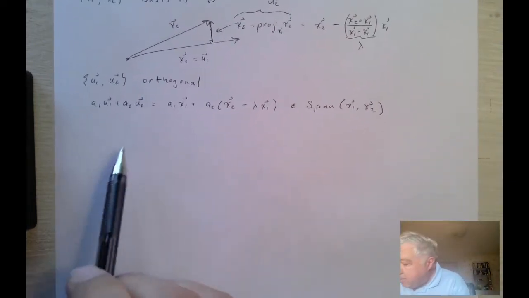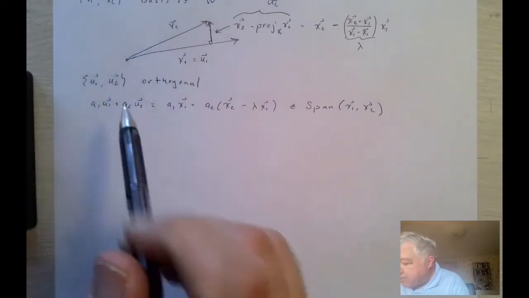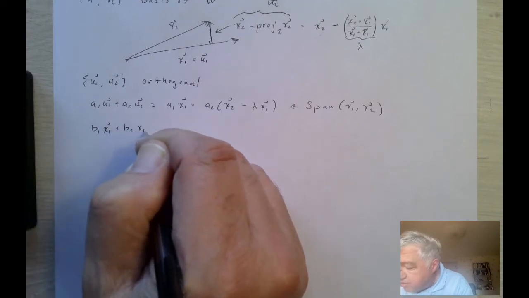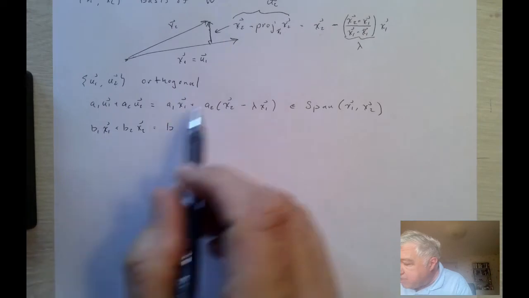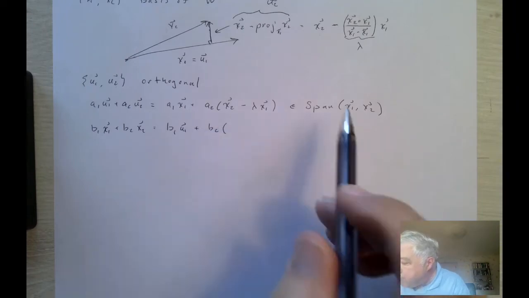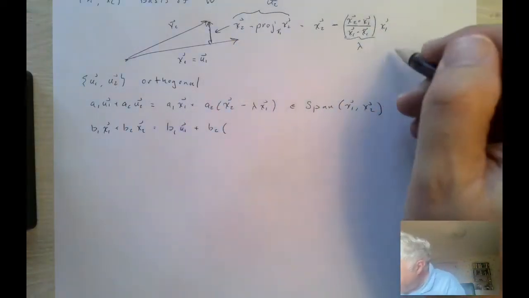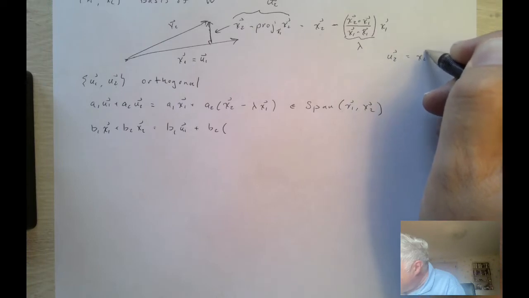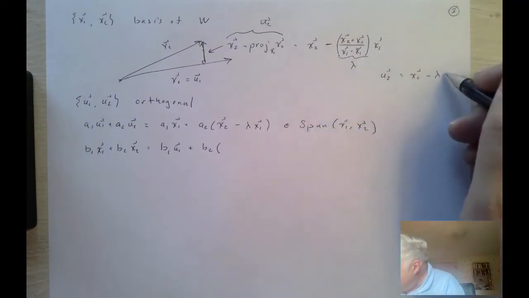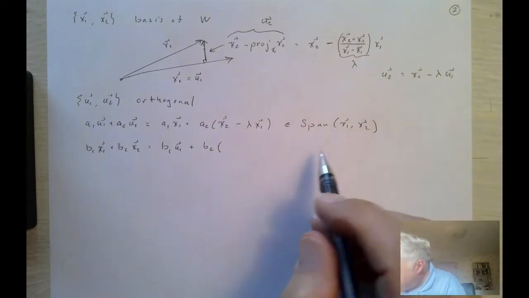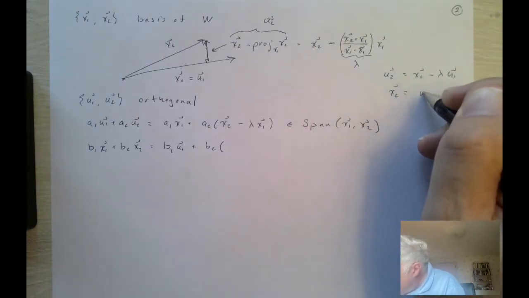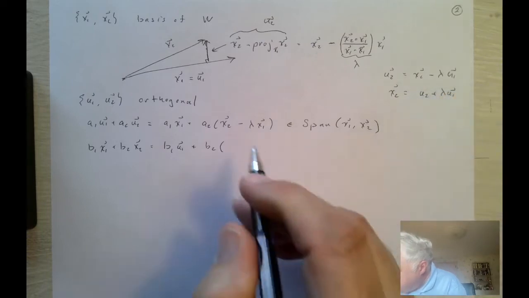All right. Now let's take an arbitrary linear combination of x1 and x2. Let's call it b1 x1 plus b2 x2. Once again, we can replace x1 with u1. And for b2, from here we see that u2 is x2 minus lambda x1, but x1, remember, is u1, so x2 can be written as u2 plus lambda u1.